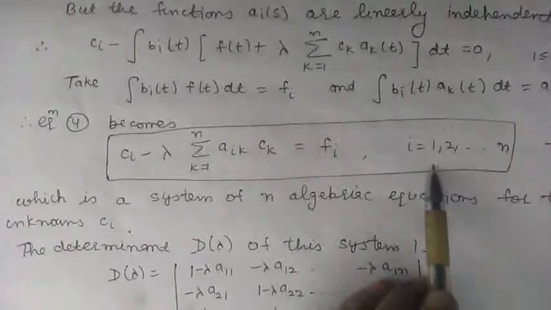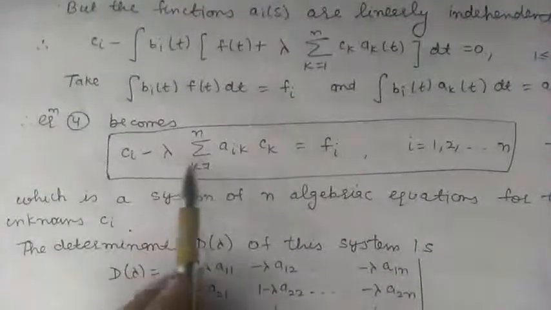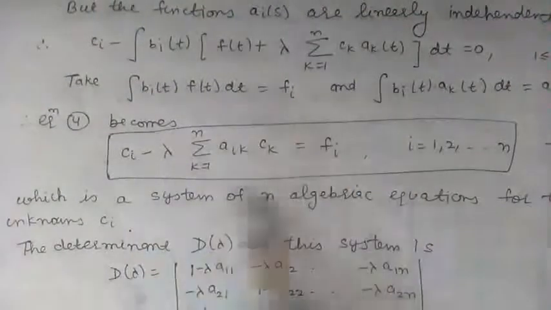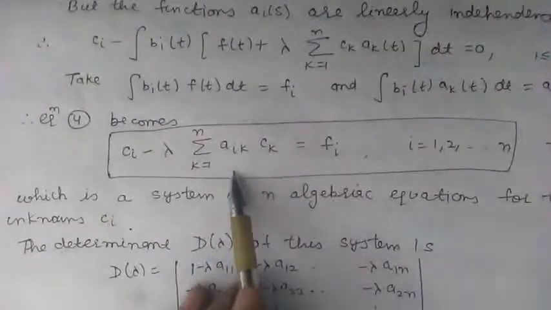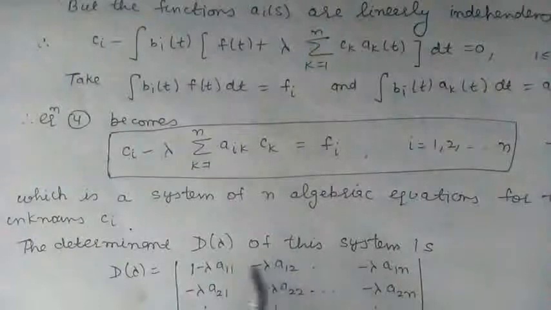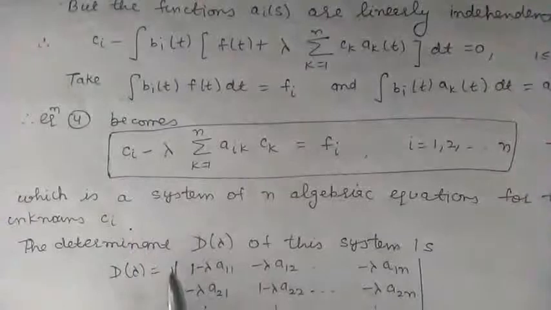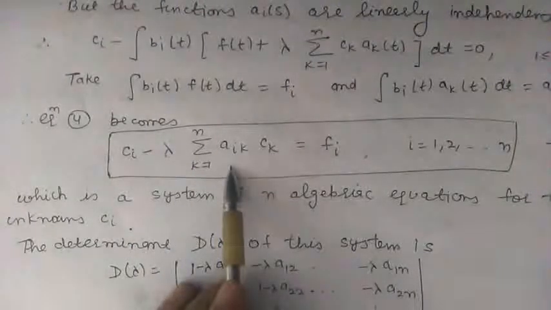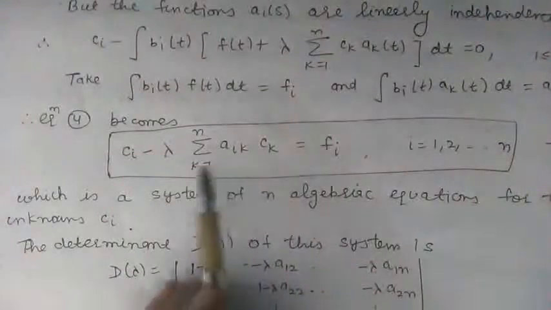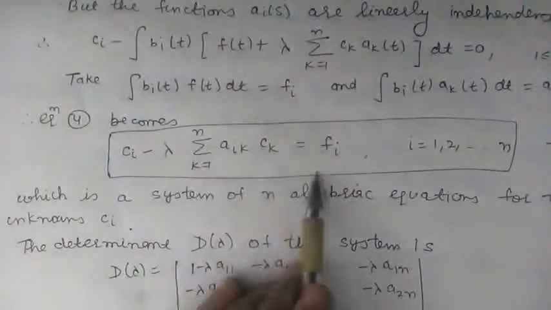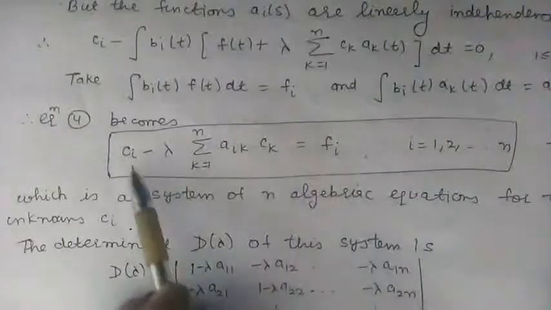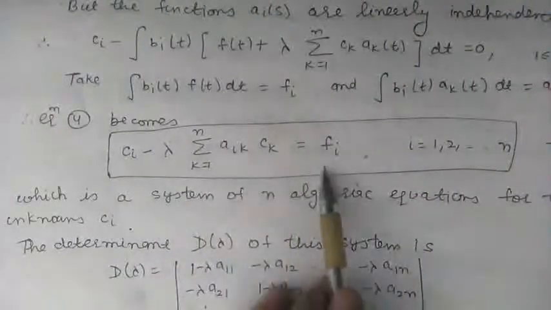So we have n equations in the unknowns c1, c2, c3 up to cn. This is a system of n algebraic equations in the unknowns c1, c2, c3 up to cn. Thus, we have taken the Fredholm integral equation of second kind and reduced it into a system of n algebraic equations in the unknowns c1, c2, c3 and cn.